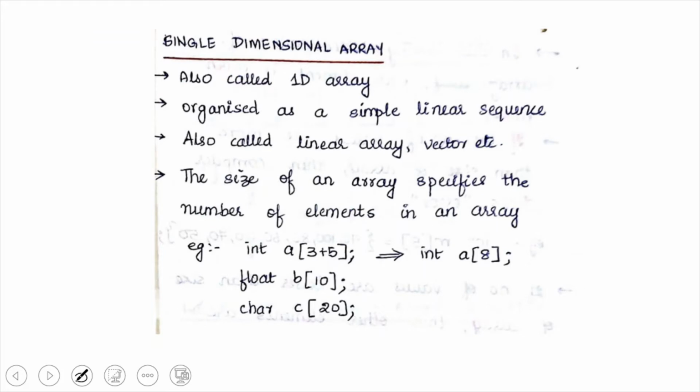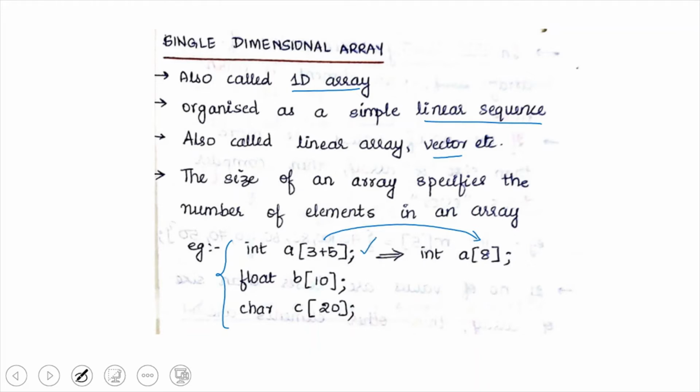Next, as we saw earlier, we are studying about one-dimensional array. It is also called a linear sequence or a vector. This is how you could declare. This is also one method: instead of writing 3 plus 5, you can also write it as 8, but this is also valid.